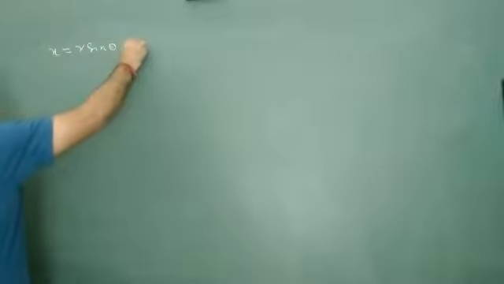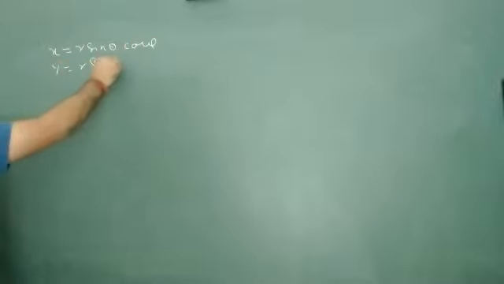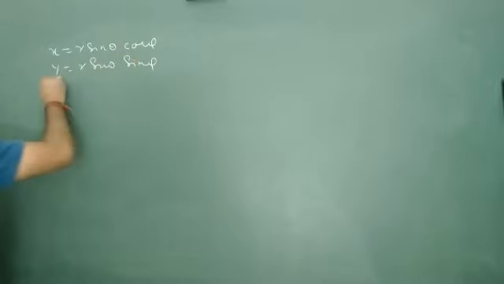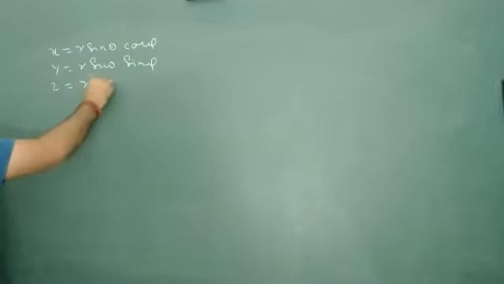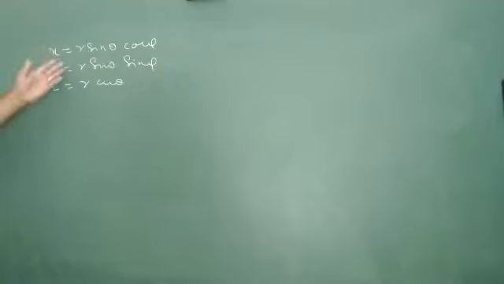You can just take x equal to r sine theta cos phi, y equal to r sine theta sine phi, z equal to r cos theta. You remember all this. You can easily find px, py, pz, and write this. Don't go into this derivation. Just remember all this.